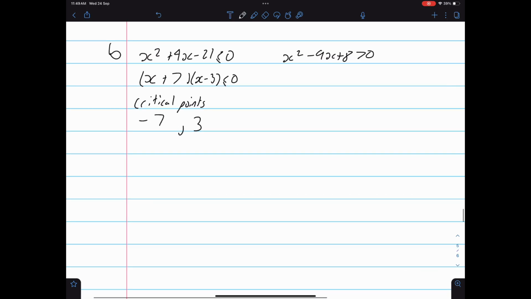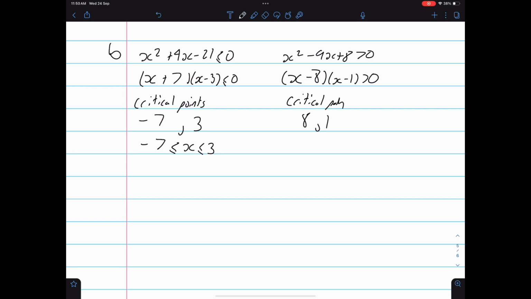And to get this we would want between the two. And then on this side we have minus 8 and minus 1. So critical points 8, 1. We want x to be greater than 8 or x to be less than 1.